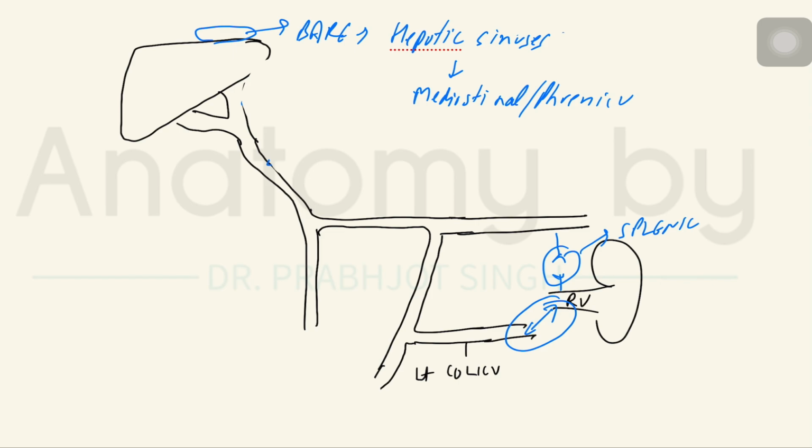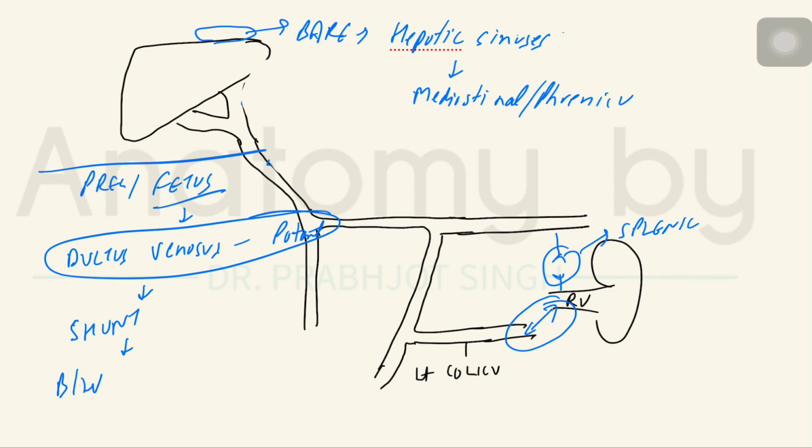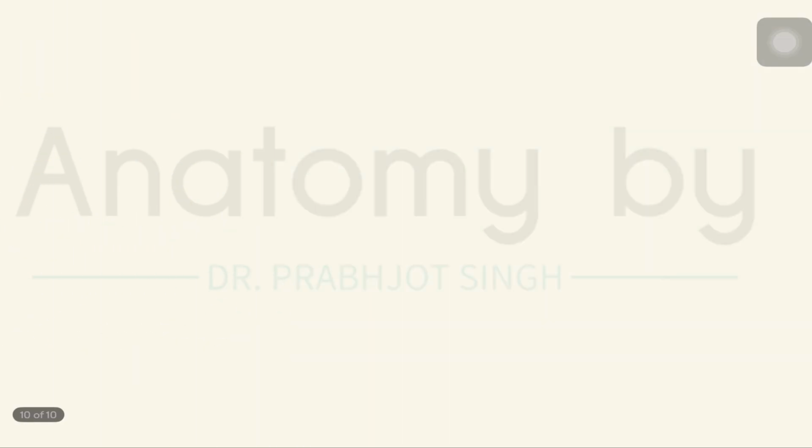Then in the case of the fetus, the ductus venosus is patent, and this acts as a shunt between the left portal vein and the IVC. So now I will draw a clean diagram over here, which you can copy.